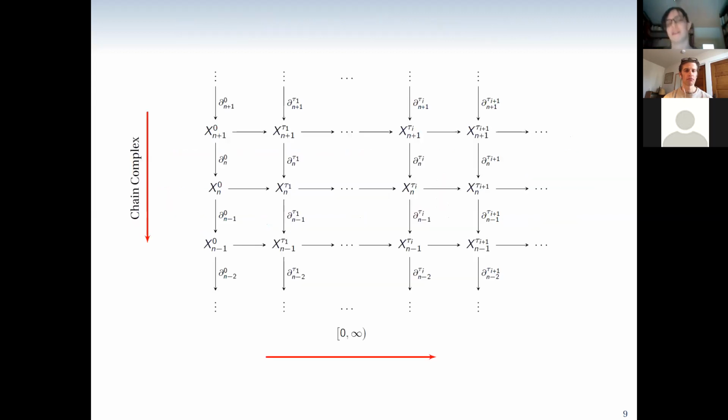So let's look at some diagram, because I think it's useful. This is a general tame parametrized chain complex. So horizontally, you can see the step of the parametrization, and vertically, you can see that for every time we have a chain complex. So what we have is that this composition is 0, okay? And in this arrow, basically nothing is happening.